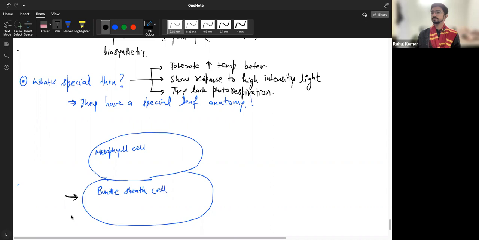And these bundle sheath cells have one thing. So first, they have a very large number of chloroplasts. Second, these bundle sheath cells are like taping around a duct.